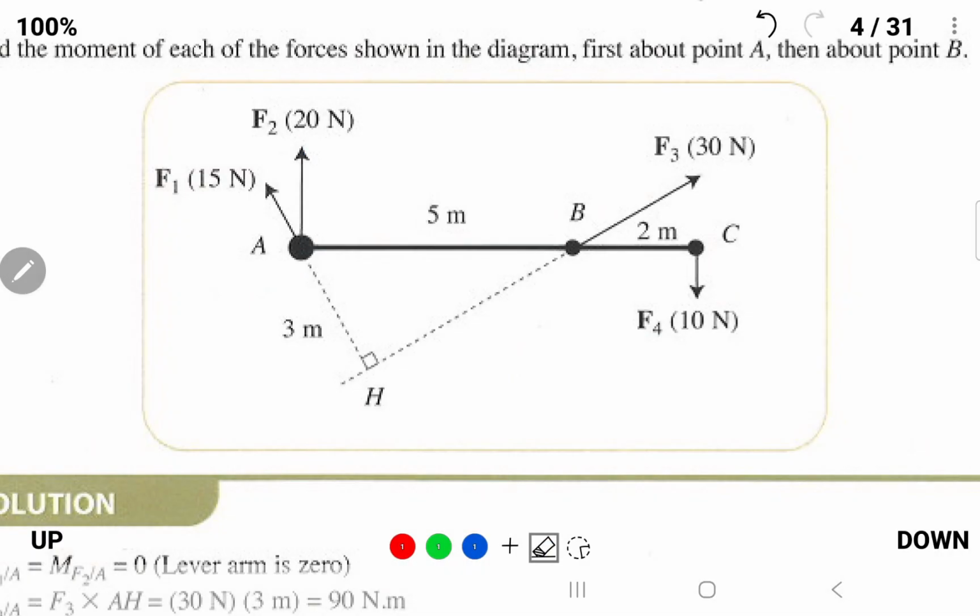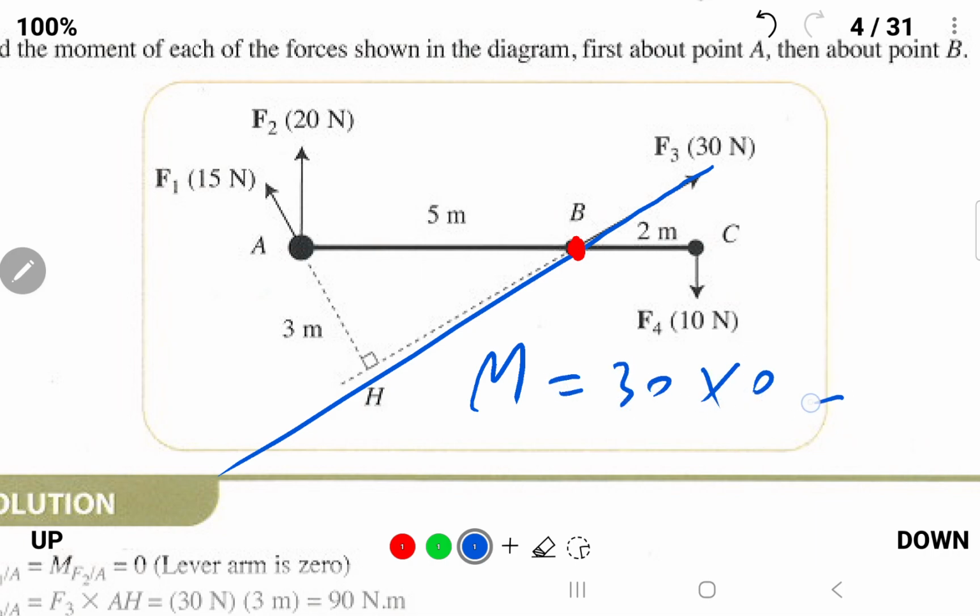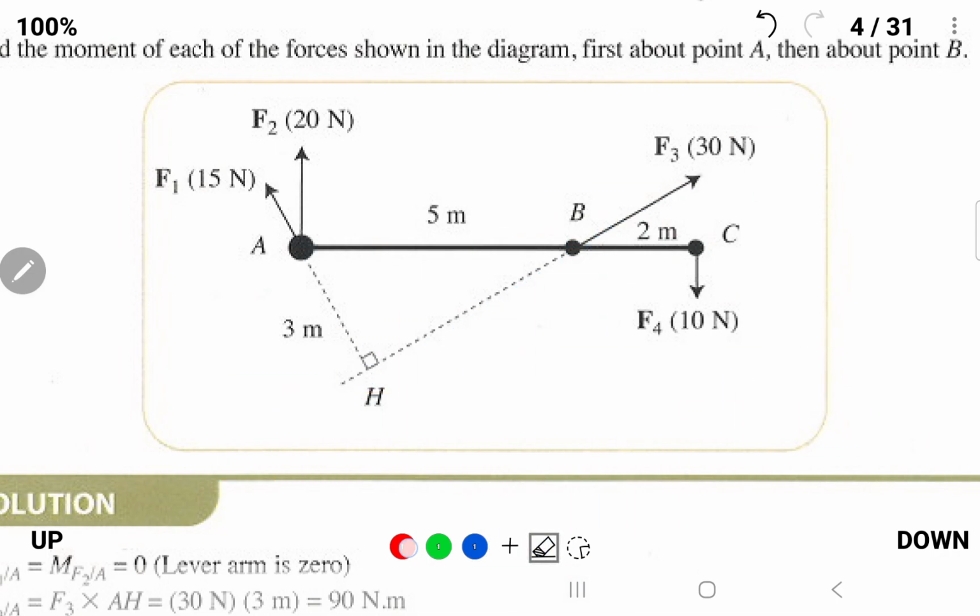Now, what about the moment of F3? This is F3 here, and this is the point. Clearly, the point is on the line, so the moment of F3 will be 30 times 0, and that will be 0. Now we move to the moment of F4.